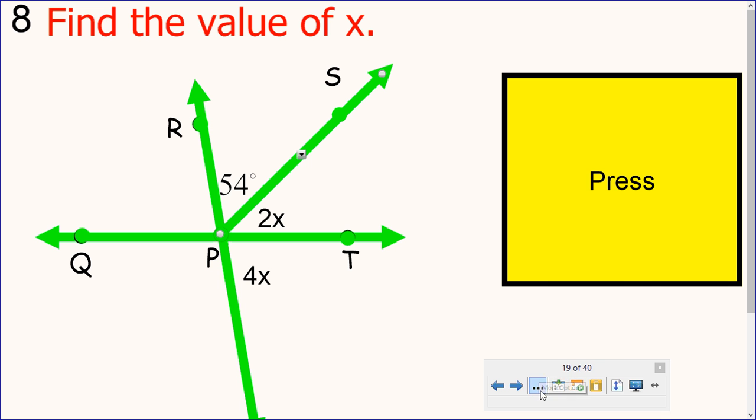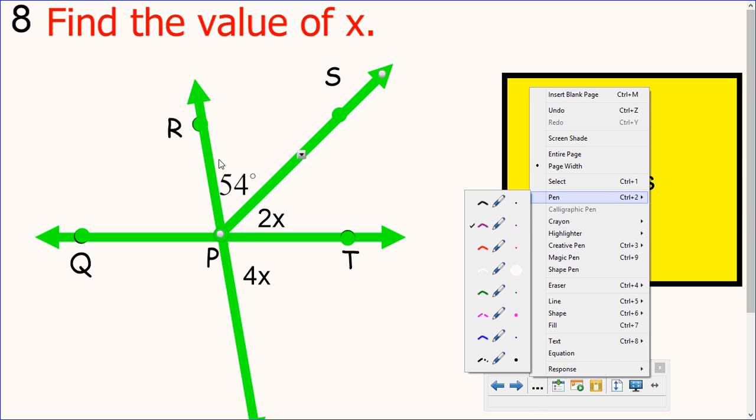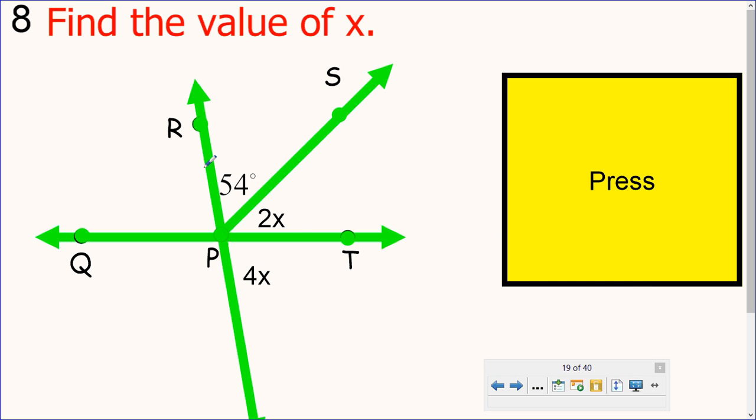So let's take a look. Let me grab a pen and notice this. Let's get red. So here it's being cut into 3 pieces. This line is being cut into 54 degrees and a 2x and a 4x. So since the line is 180 degrees, if I did not cut this part and this part, I would have my whole line, which is 180 degrees.